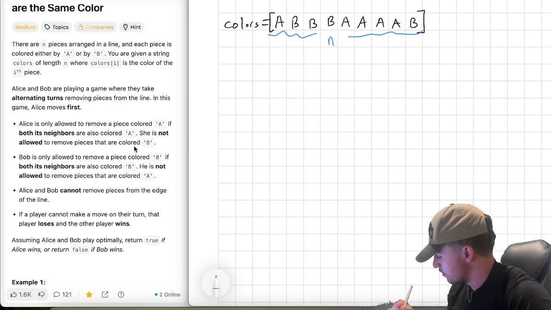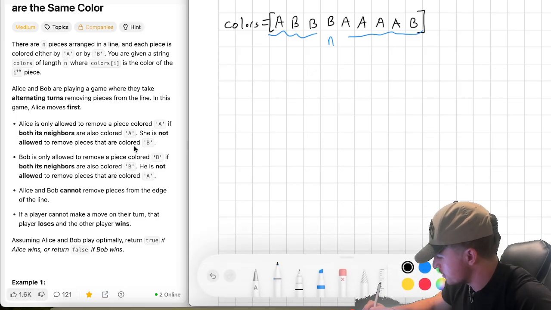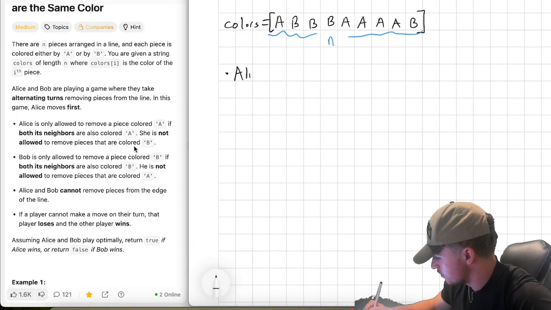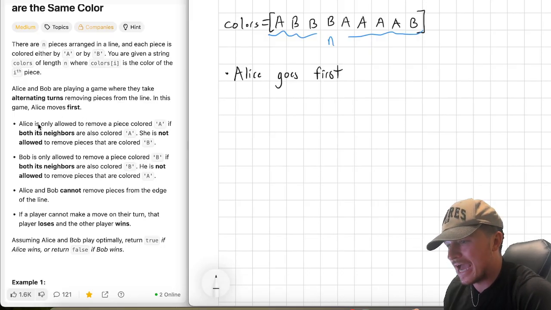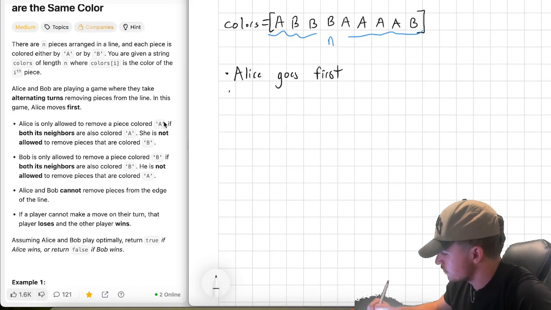So let's just make some notes of things that are important in this description. Alice goes first. Now, here are the rules. Alice is only allowed to remove a piece colored A. Alice removes A's.